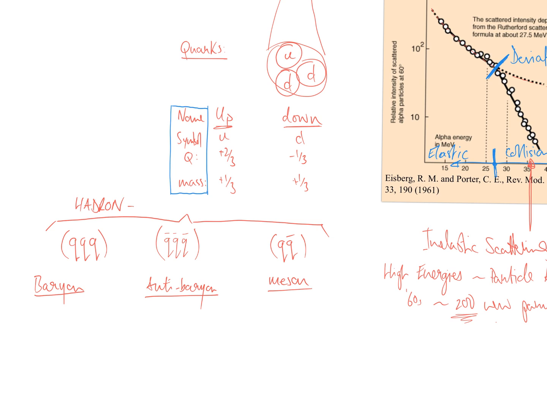Definition time. Hadrons are high mass particles consisting of quarks and/or antiquarks.